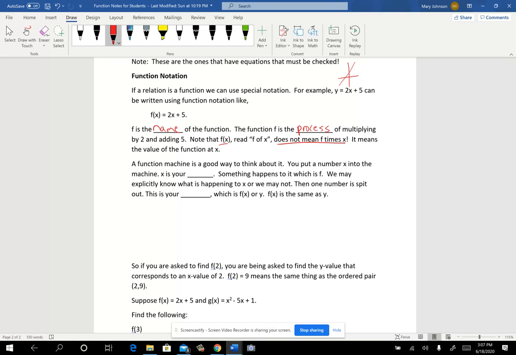Don't ever think that. F of x is just the value of the function at x. I should have added in there, f is not a variable. It's not something that can take on values. F is not a variable. It is a process. It is a set of steps.